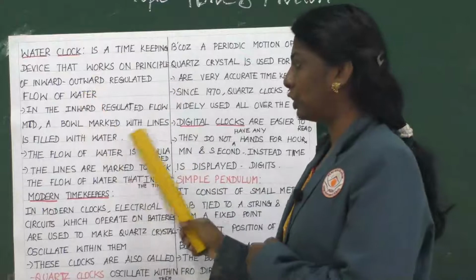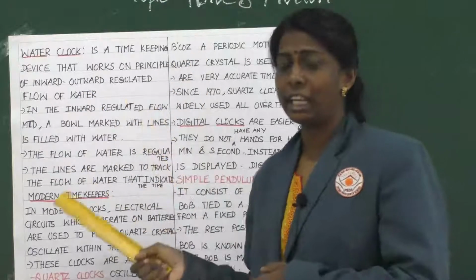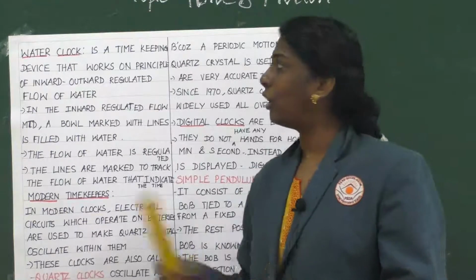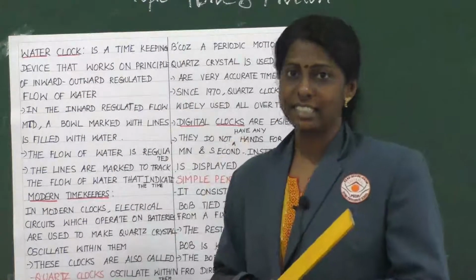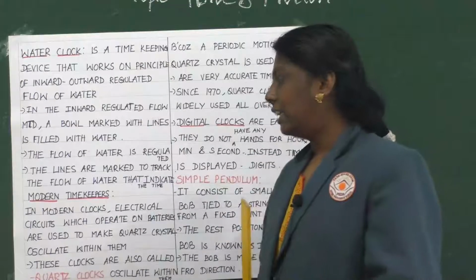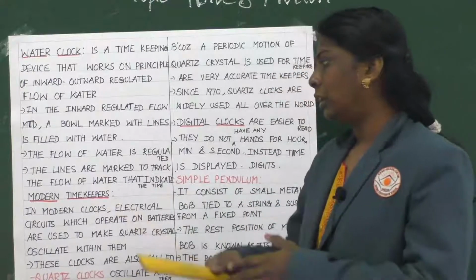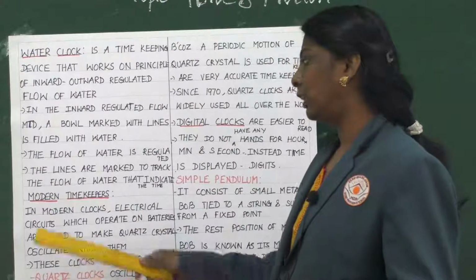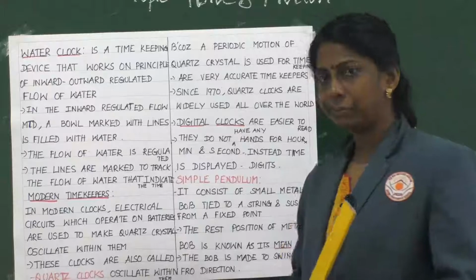These are the different instruments that they used in ancient times to measure the time. What are they? Sand clock, water clock, sundial and all. Clear? Yes. Now let us learn about what they are using in modern days. Modern timekeepers.